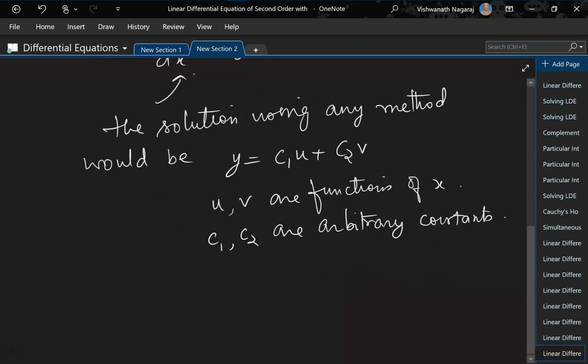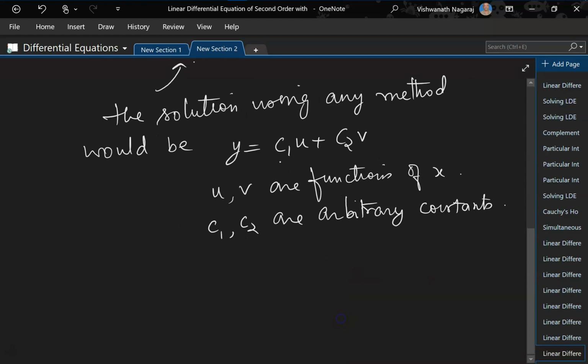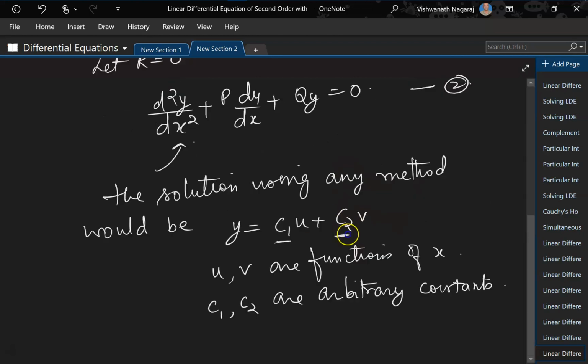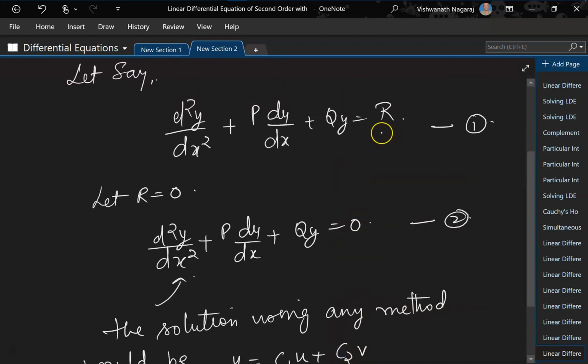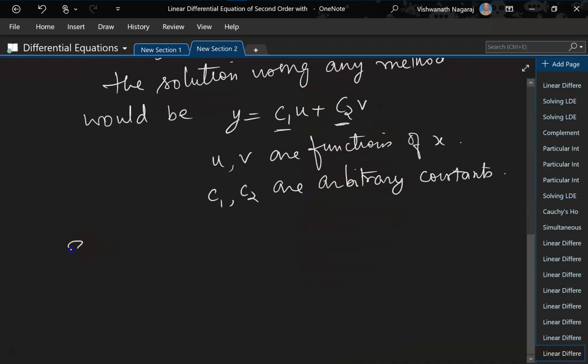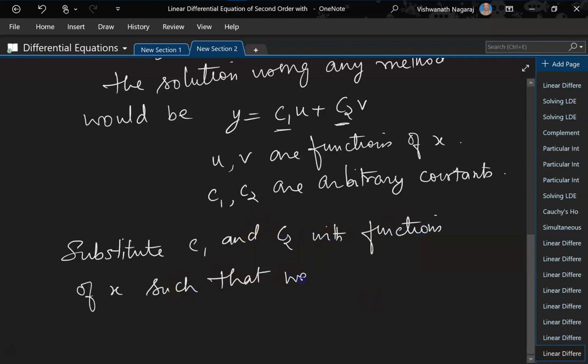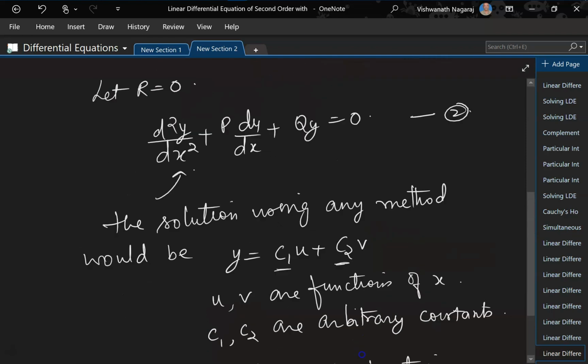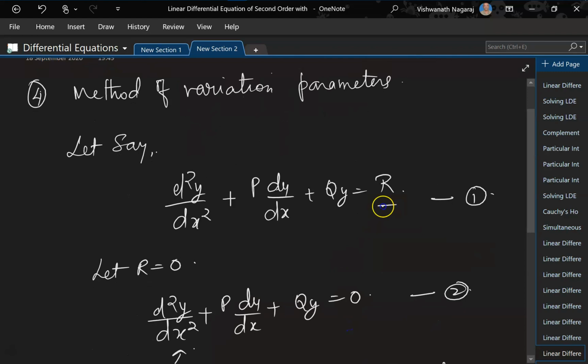Now what we are going to do is replace the c1 and c2 with something else which will lead us to the solution to the first equation. So substitute c1 and c2 with functions of x such that we have the complete solution for 1, that is where the right hand side is r.